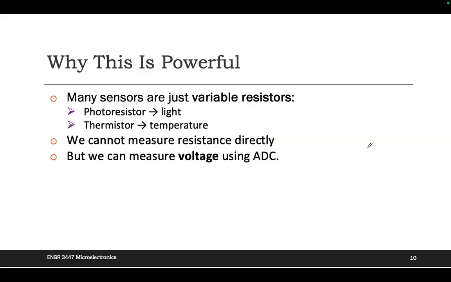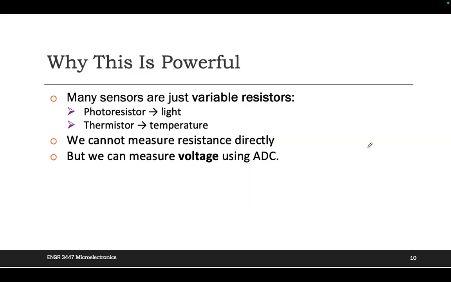We cannot measure resistance directly. You can try to use the multimeter to detect the resistance directly, and you will see that you cannot get it directly. So you need to use some method. You use the Pico W to read the voltage, and then through the voltage and the equations we can get the resistance.